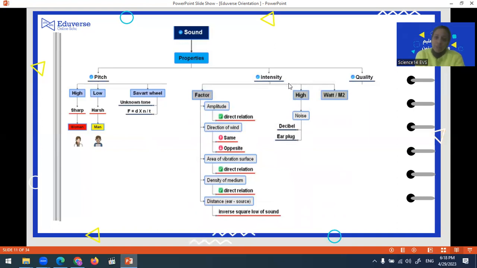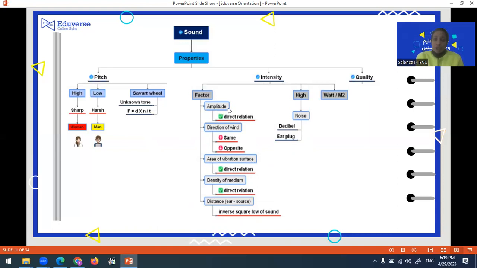Let's talk about the second property, which is the intensity. Is this sound weak, like whispering, or strong, like shouting? Okay, first we have 5 factors affecting the sound intensity. For example, the amplitude.